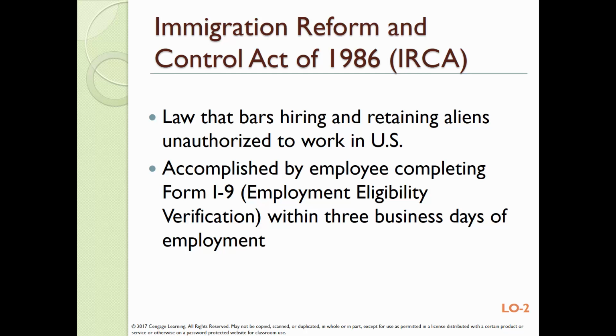It bars hiring folks that are not legally documented to work in this country. I refuse to use the words illegal aliens because you can't be illegal as a human being, in my mind. You can be documented or undocumented, but not illegal. So how did we accomplish this? What was the tool to accomplish this?